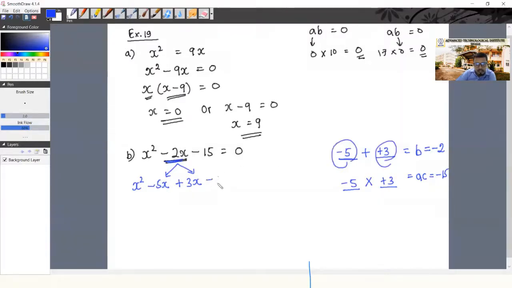And here we have minus 15 equals 0. First we have split b. Then what we need to do is couple the first two terms and the last two terms.